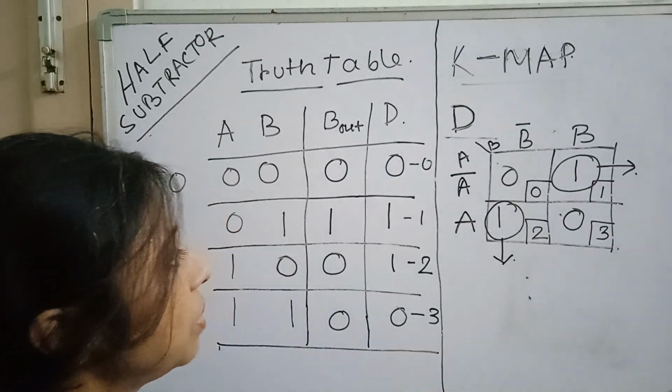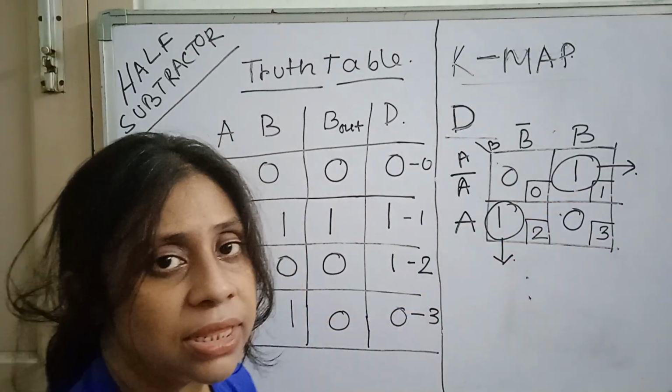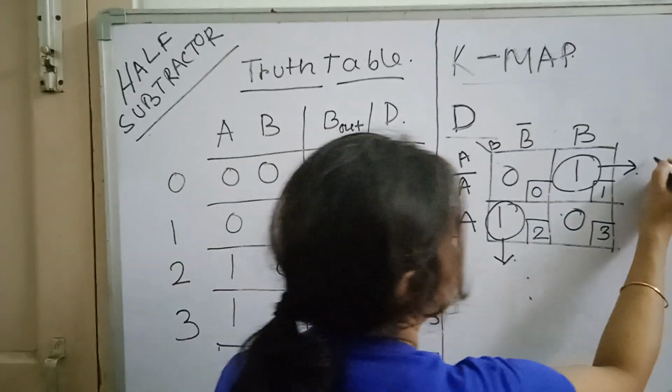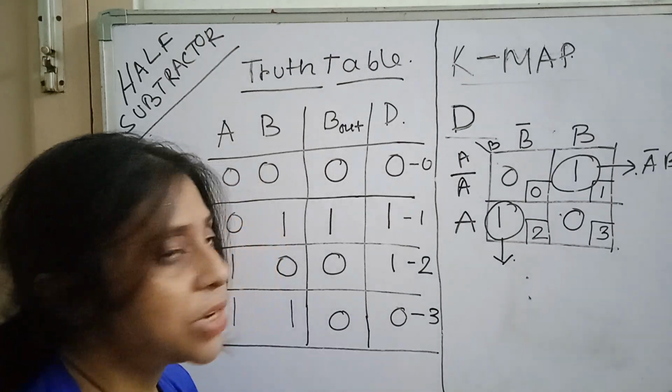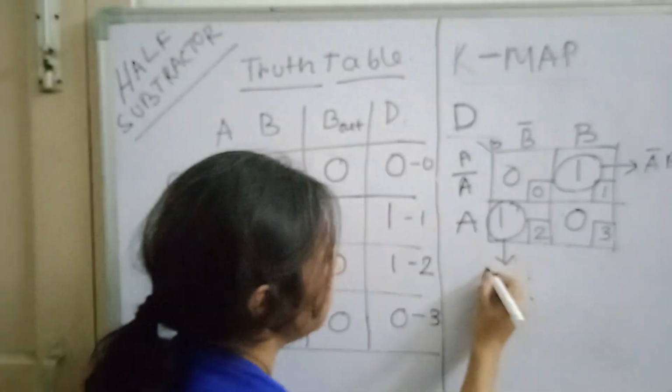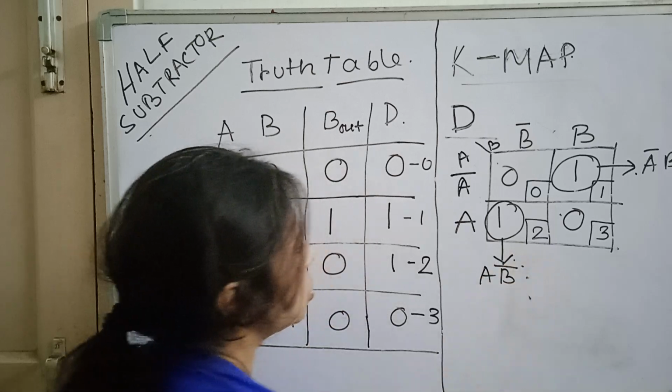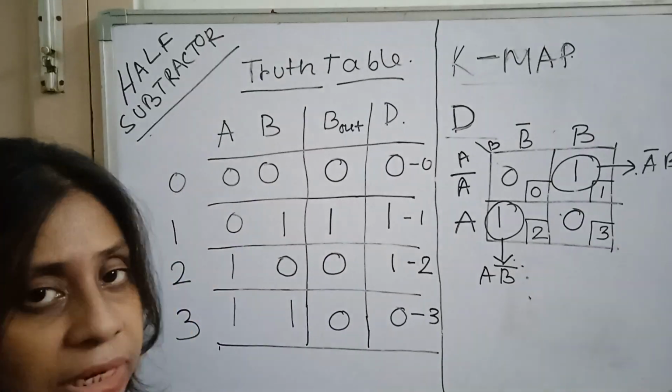Now for this one, what should be the expression? This is A bar B. For this one, this is A B bar. So what should be the expression for D?